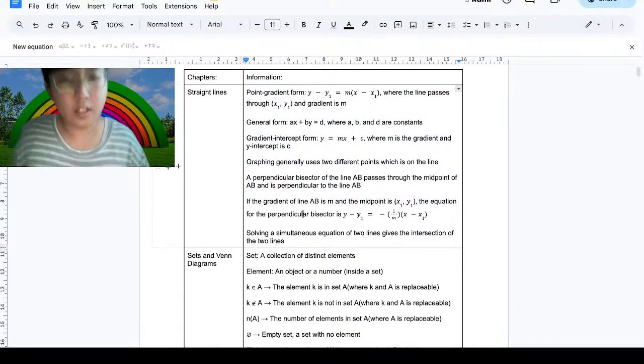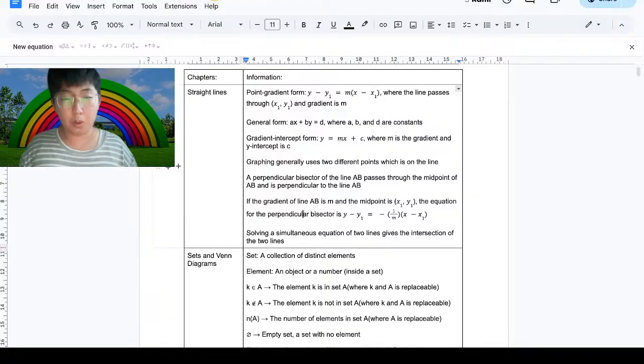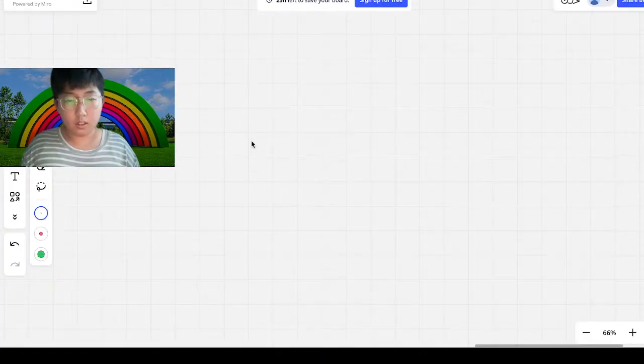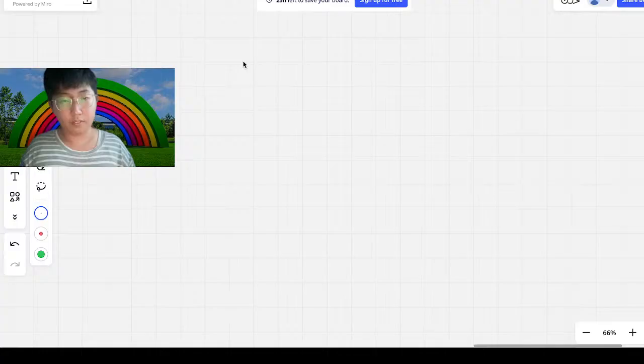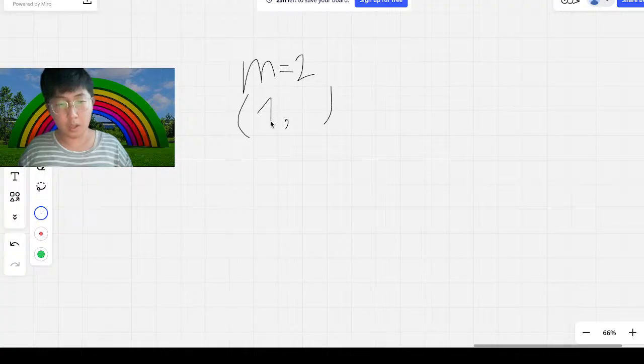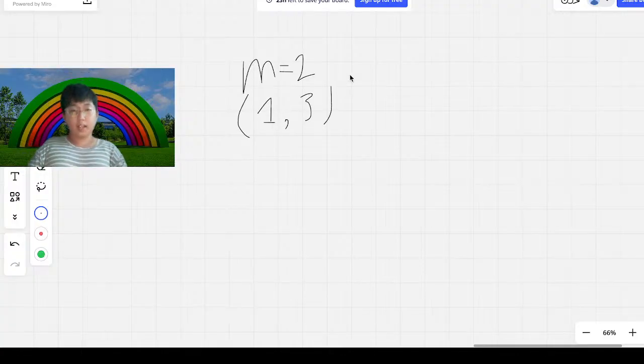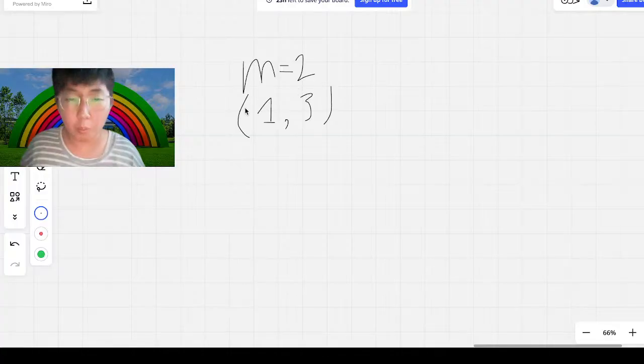All right, if we have the point gradient form, let's say the gradient is 2, and the point that a straight line passes through is (1, 3), then what will the equation of this line be?